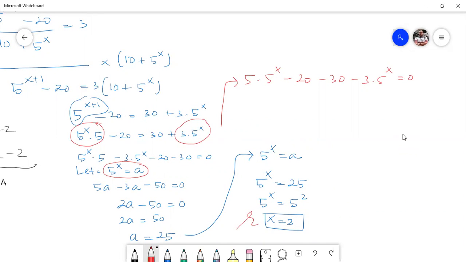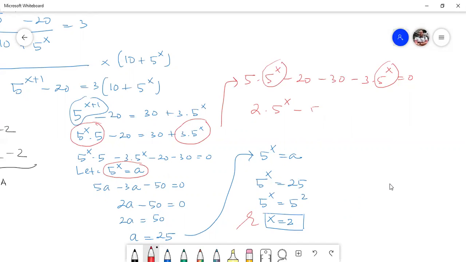Now they have the same exponent, so you can subtract directly. 5 minus 3 is 2, so this is 2 times 5 to the power x minus 50.